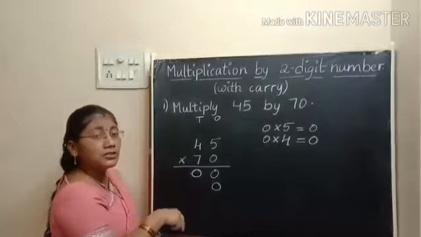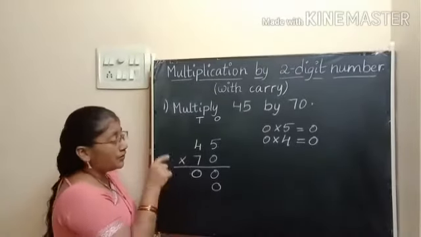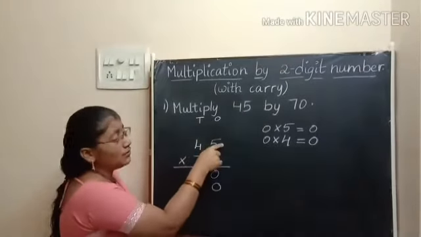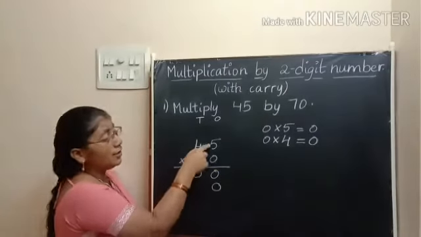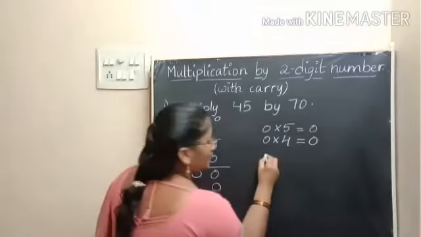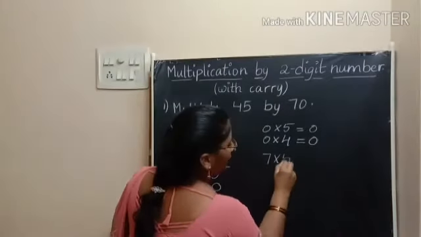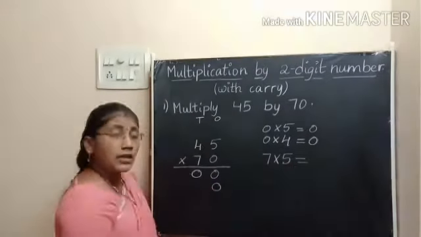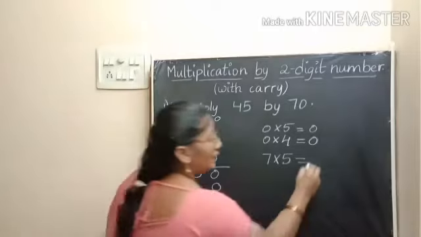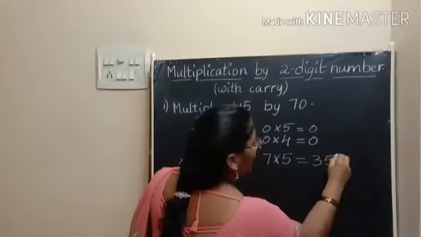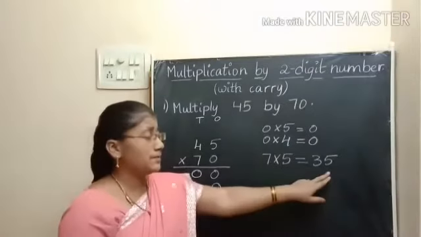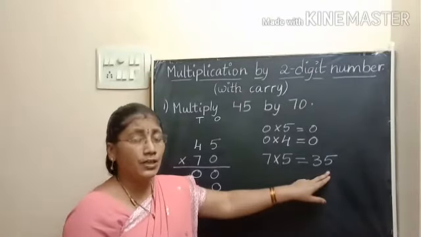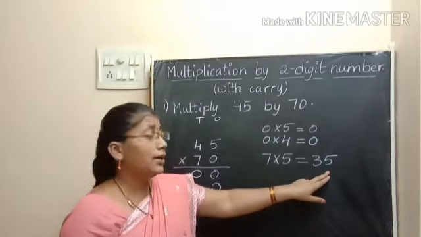Now we have to start our multiplication. First we should multiply the digit in ones place. That means we have to take 7 into 5. How much is it? 7 fives are 35. We get the result in 2 digits.